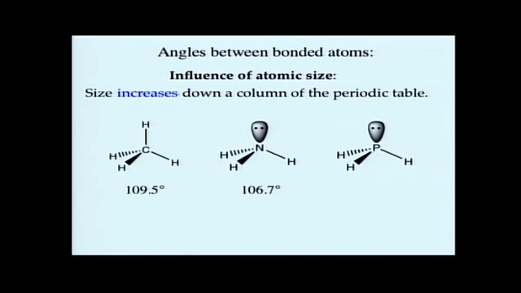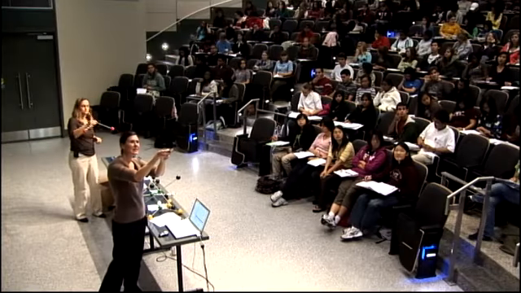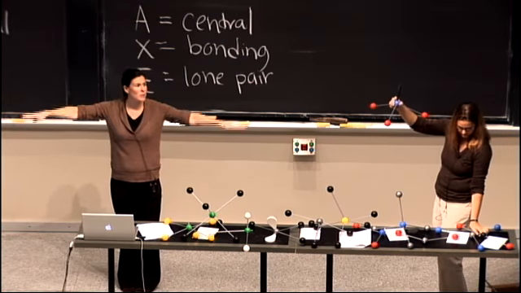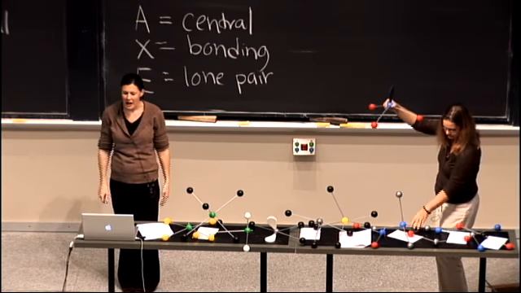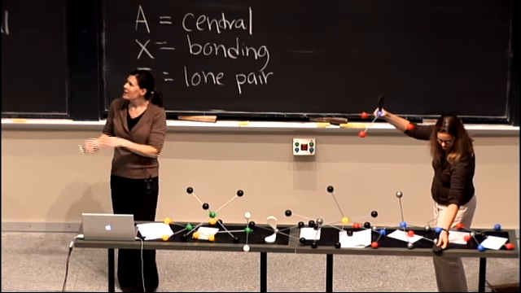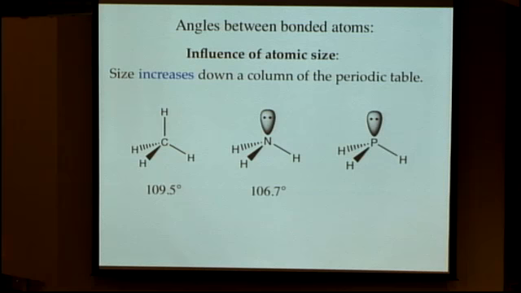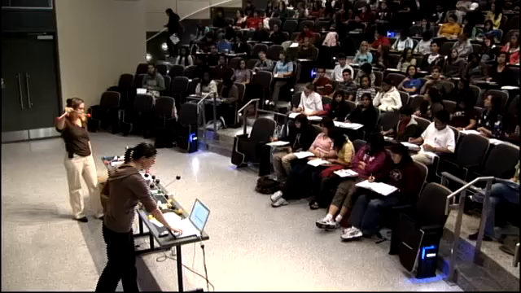In terms of picturing what happens with those lone pairs, when we have a larger atom, the orbitals are also going to be larger. They can take up more space. That means these lone pair electrons are going to take up more space. This means they're going to push away those bonding electrons even more. So would you expect the bond angle to be larger or smaller for PH3? Yeah, it's going to be smaller.